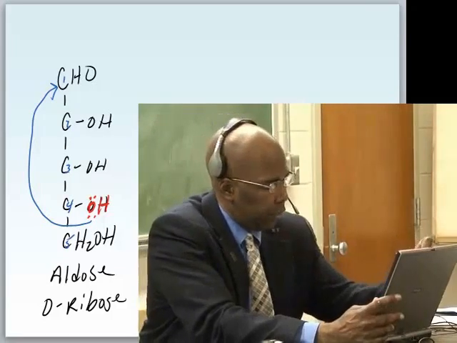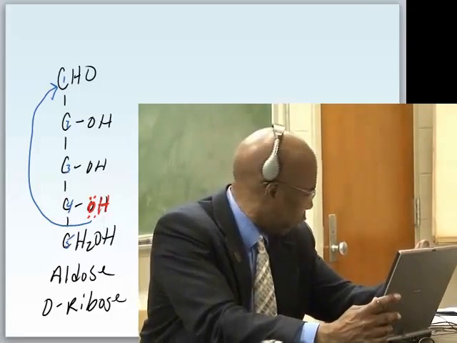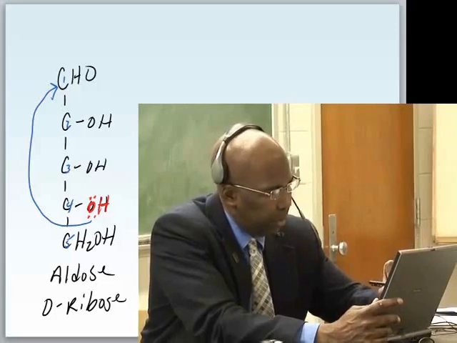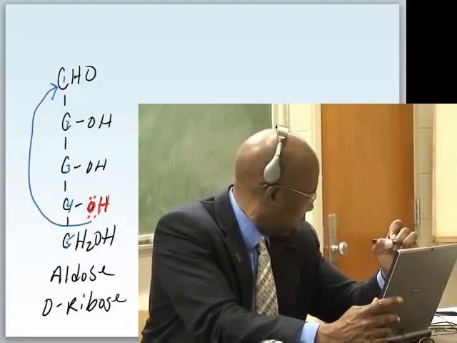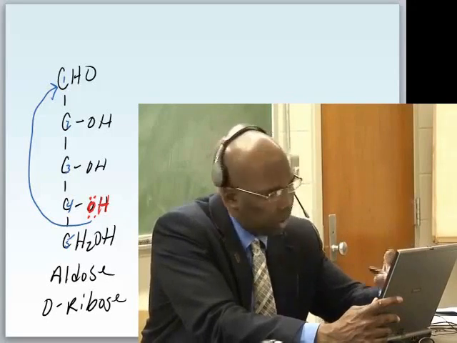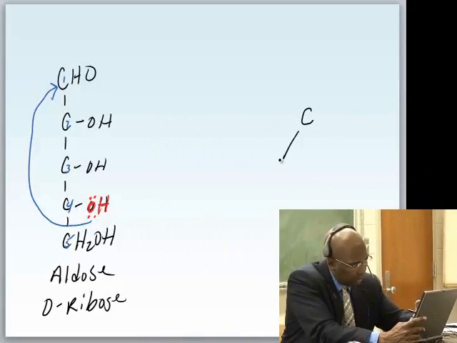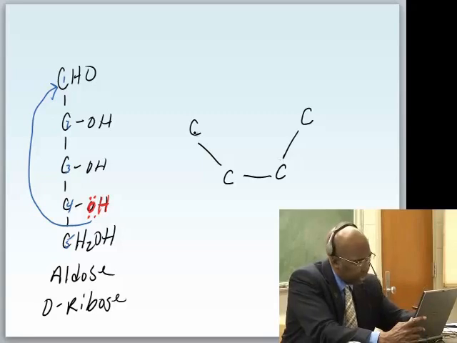Now I'm going to draw the Haworth projection right before it closes. So I'm going to put carbon 1, carbon 2, carbon 3, carbon 4, and carbon 5.